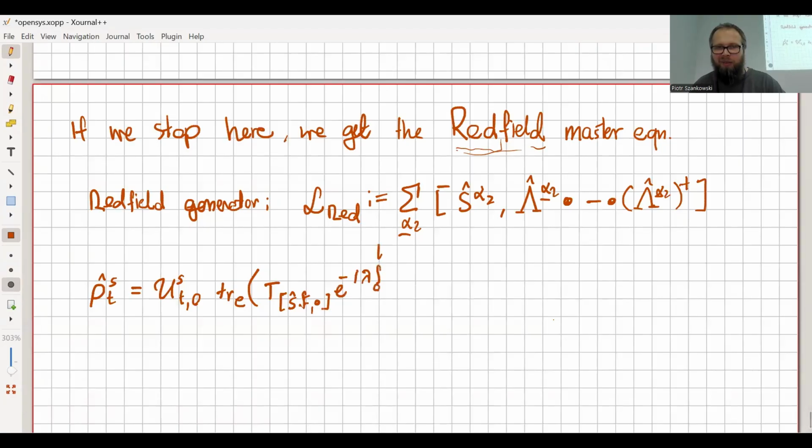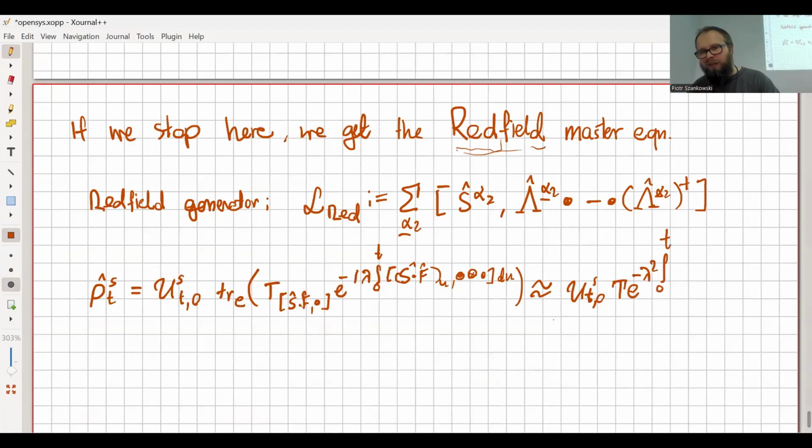This is the thing we are approximating, and we just approximated it with a time-ordered exponential, e to the minus lambda squared integral from 0 to t of U_S(0,u) L_red U_S(u,0) du.